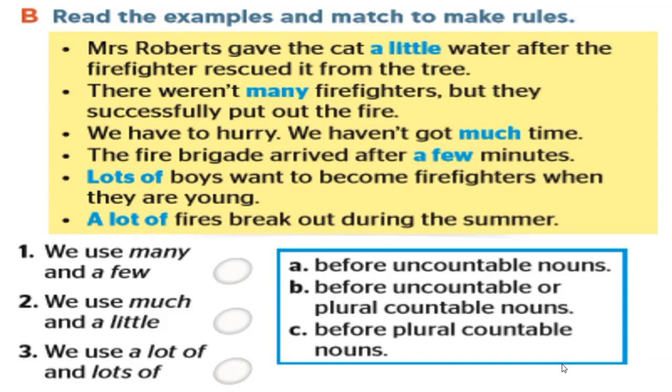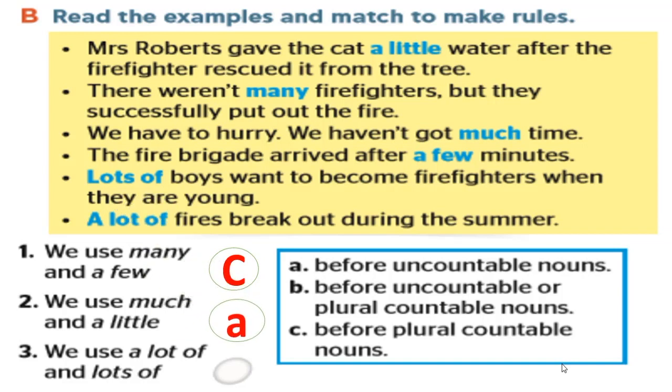Number one, we use many and a few, right? Yes, before plural countable nouns. Many people, a few people. Many cars, a few cars. We use much and a little, right?